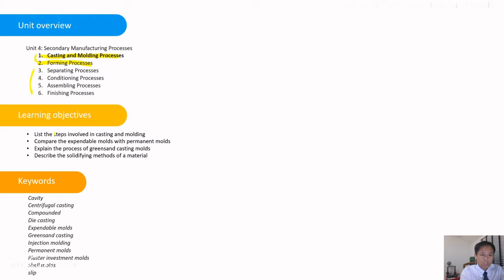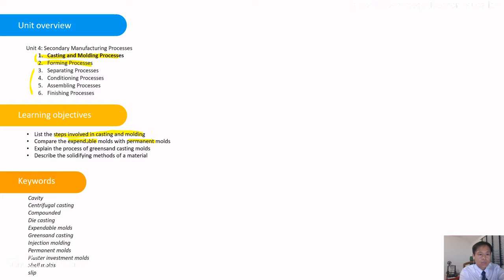The first one is to list the steps involved in casting and molding. We learn what molding is and what casting is, and then the basic process of casting and molding. There are two types of casting and molding: one is expendable, and the second is a permanent mold.